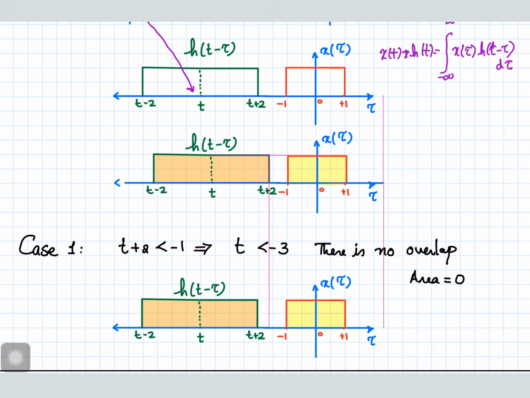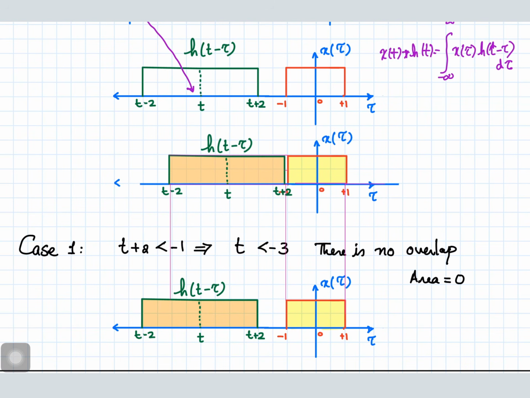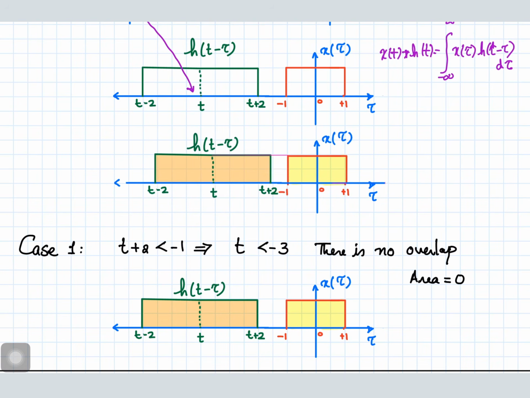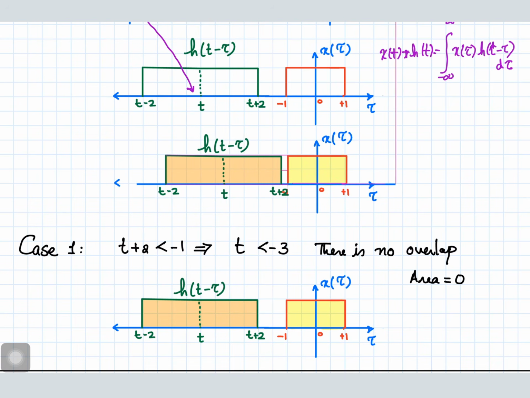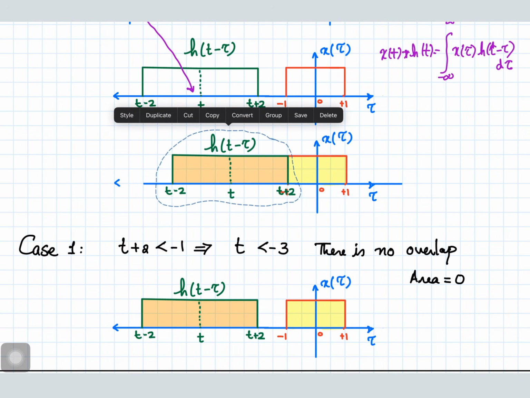Is there any area overlap? No. Up to when t plus 2 is less than minus 1, there is no area overlap, so no convolution result over here. Once t plus 2 becomes equal to minus 1, there is no overlap, but the overlap is now going to start.